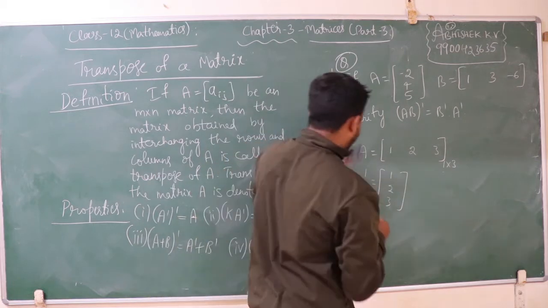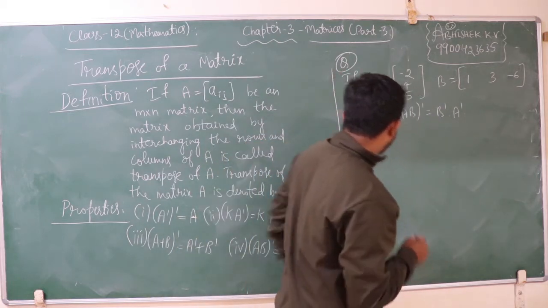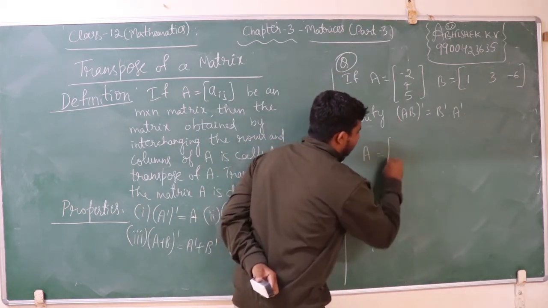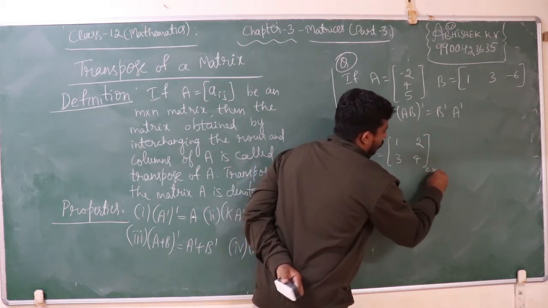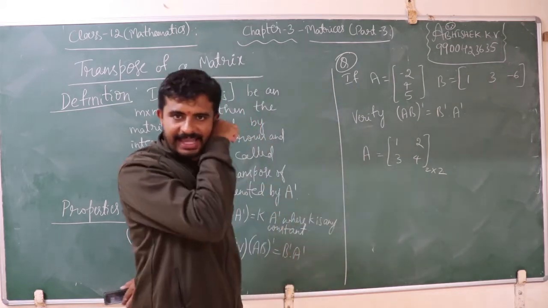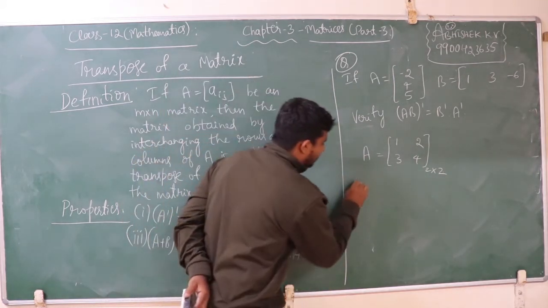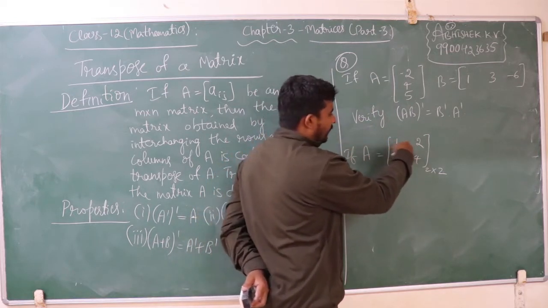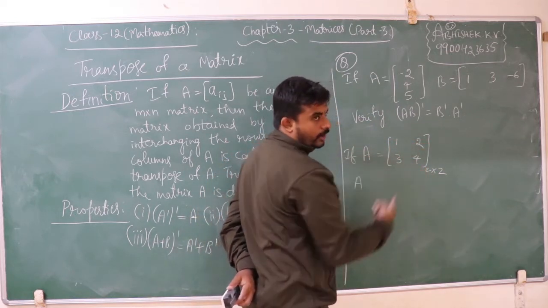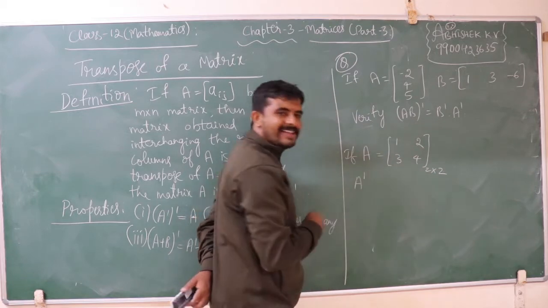See, if I consider matrix A as order 2 by 2. If the examiner asks, if A is equal to the matrix containing the elements 1, 2, 3, 4 of order 2 by 2, what is A transpose?